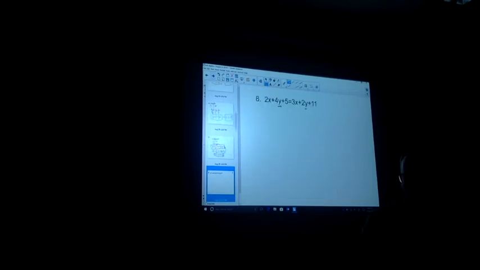Number 8, we have y on both sides, and so we need to start thinking about, okay, which side do I want to have y on? Well, I'd probably get y over on this side, okay? So it's a positive 2, so I'm going to subtract 2 from both sides, or subtract 2y from both sides. Those are going to cancel. And we still have left over on this side 2x minus 2y plus 5, and that's going to be equal to 3x plus 11.